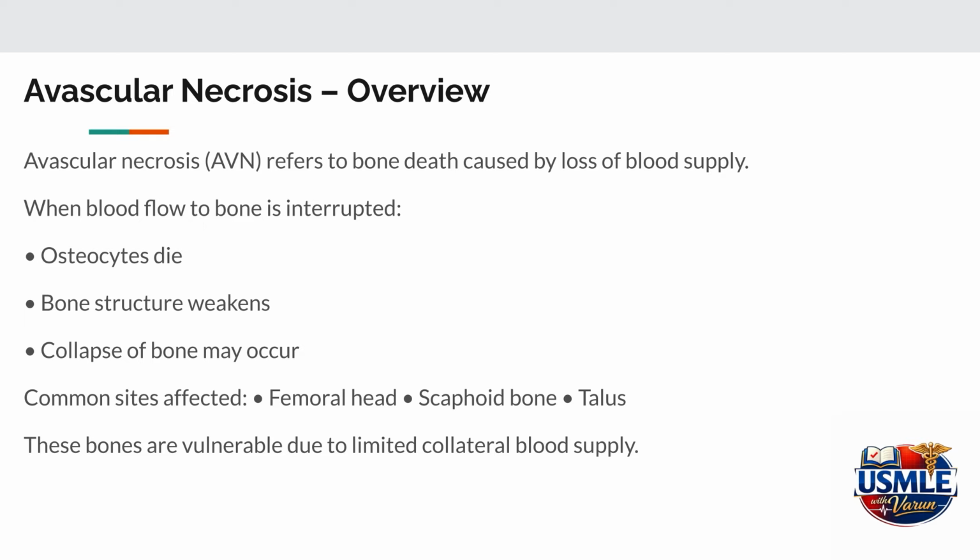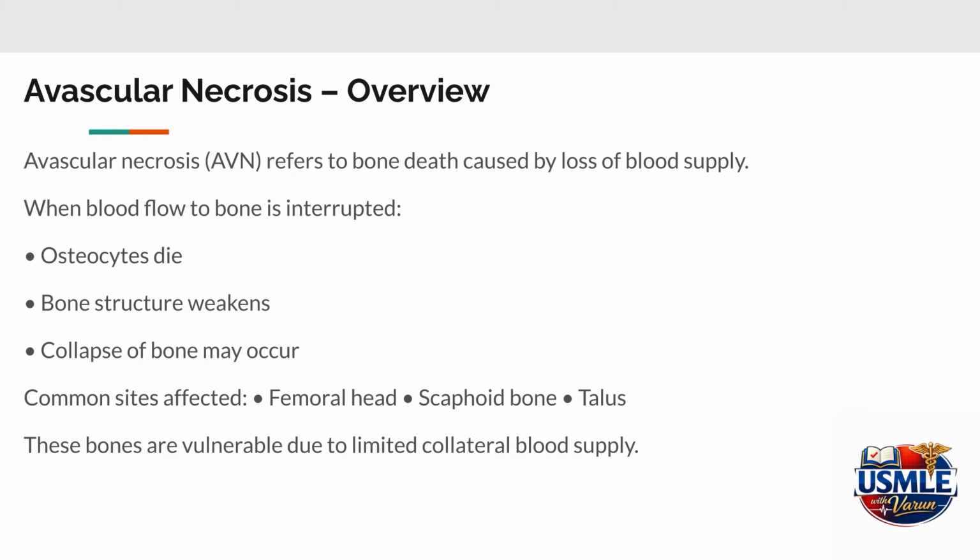Certain bones are particularly vulnerable to avascular necrosis because they rely on limited blood supply. I just think of a bone which doesn't have enough collateral circulation. When one artery or blood vessel is damaged, because of lack of collateral circulation, there is loss of blood supply to that particular point of the bone.